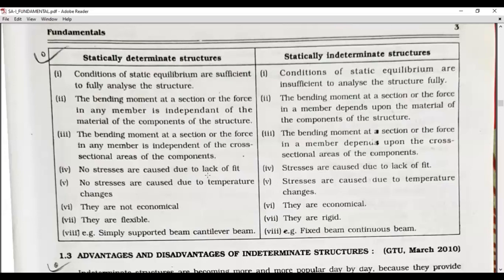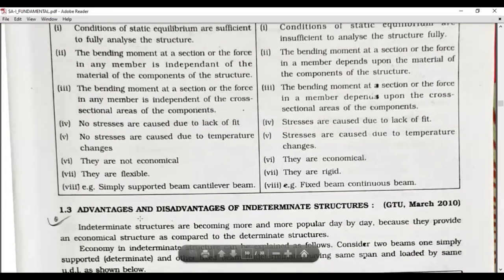No stresses are caused due to temperature change; stresses are caused due to temperature change. Determinate structures are not economical; indeterminate structures are economical. They are flexible; they are rigid. Simply supported beam and cantilever beam are the best examples of statically determinate structures, and fixed beam and continuous beam are the best examples of statically indeterminate structures.